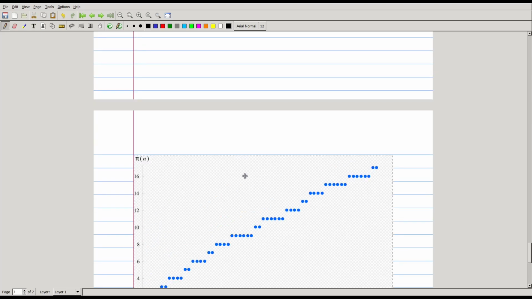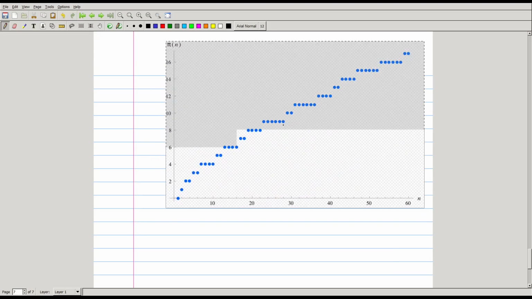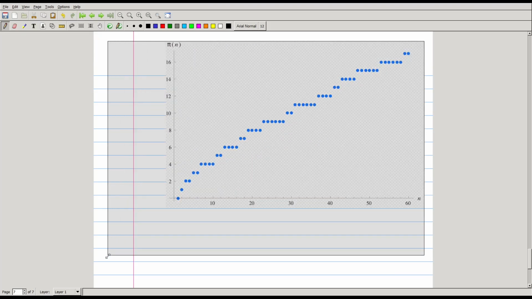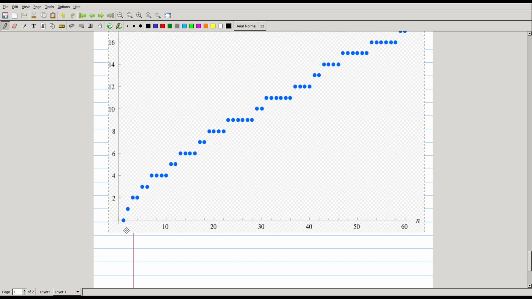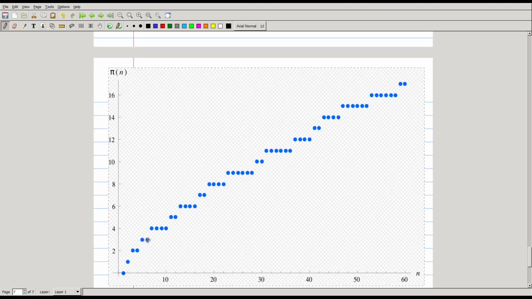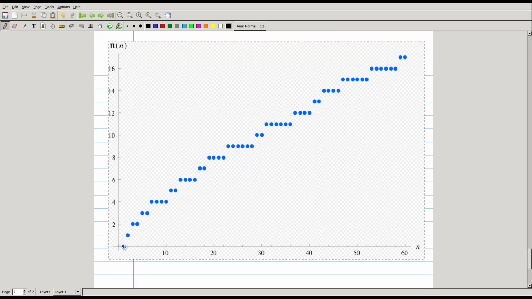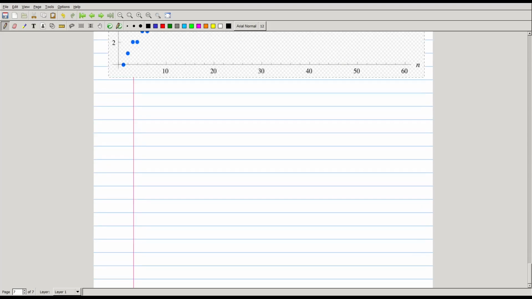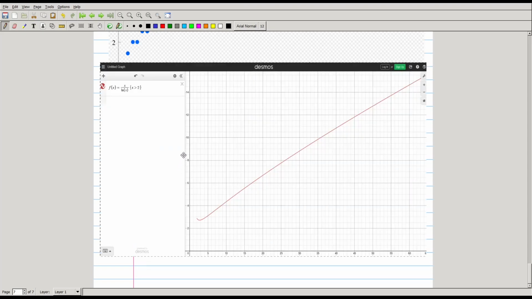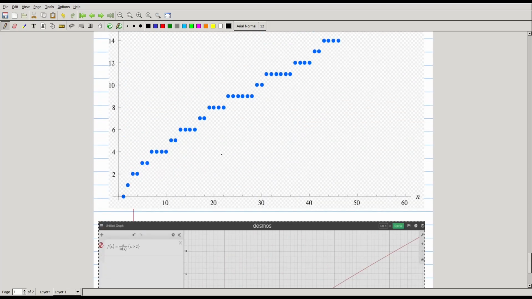So this is a plot of the prime counting function pi of n for a large number of values up to 60. And you see that at 1 it's 0, at 2 it's 1, at 3 it's 2, at 4 it's 2, and so on and so forth, compared with a plot of the function x over ln of x for x larger than 2 right here.